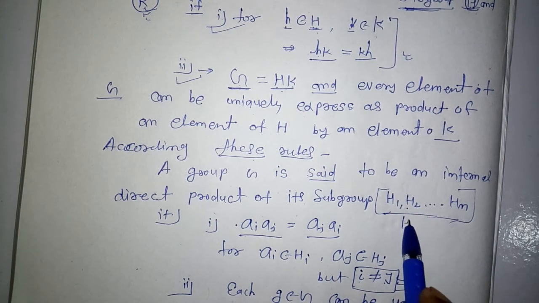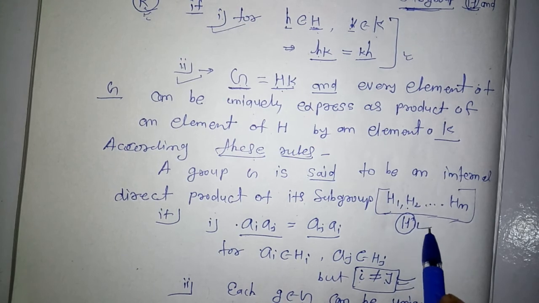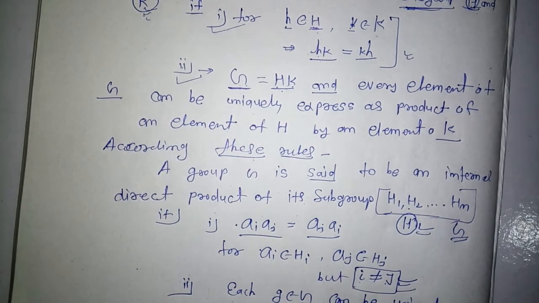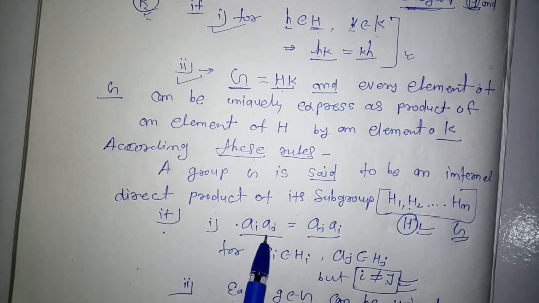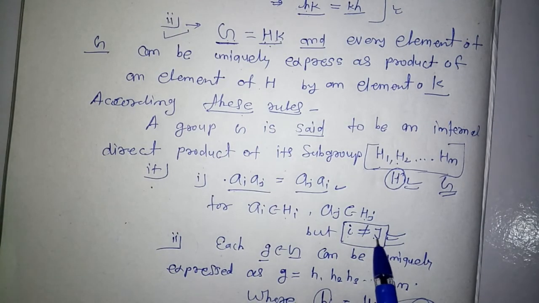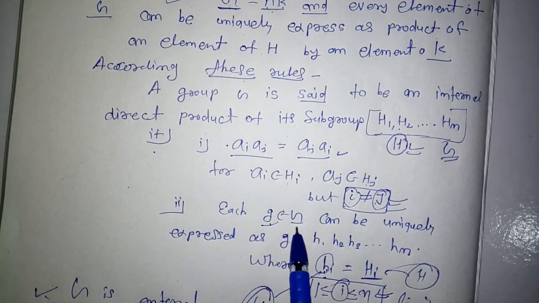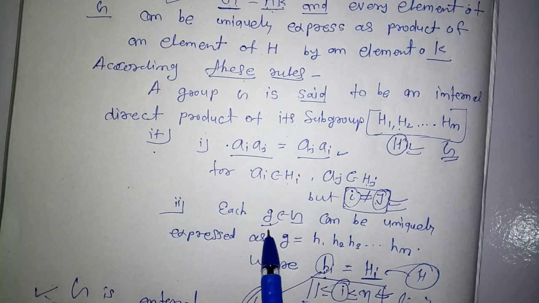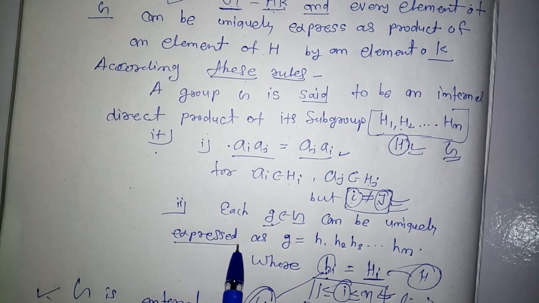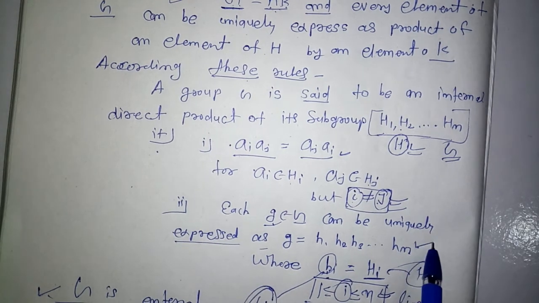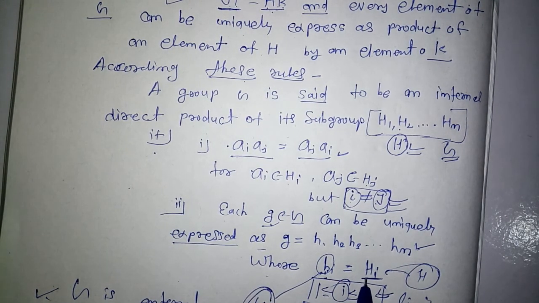Okay, students, each Hi is already a subgroup of G. If ai and aj are elements of Hi and Hj. Okay students, now the condition here: i is not equal to j, and the second one is g is an element of group G. Okay students, what is g? g, an element of group G, can be uniquely expressed as g equals h1 h2 h3, where hi is an element of Hi.